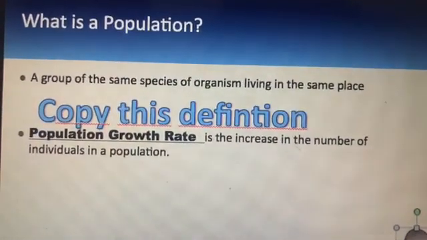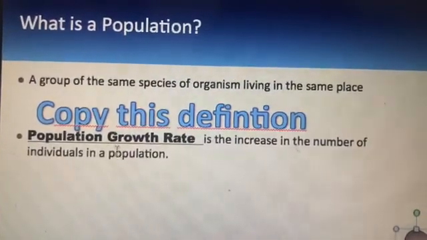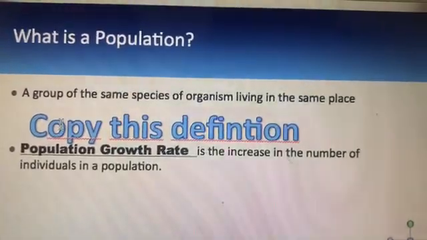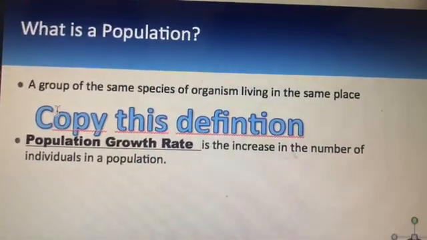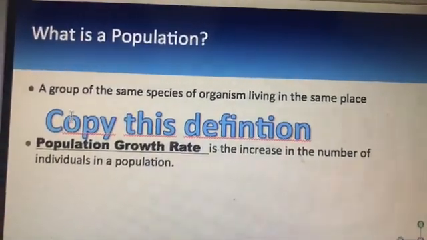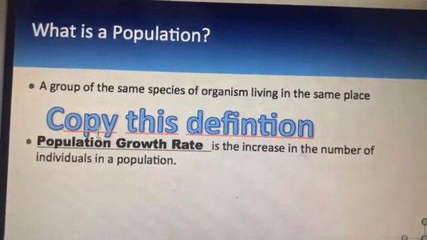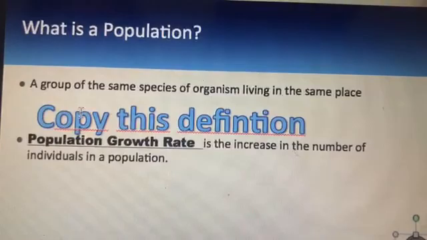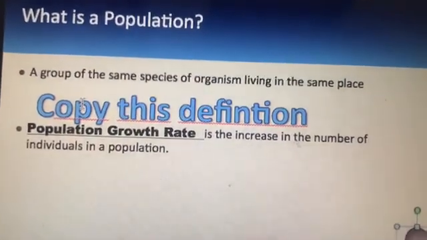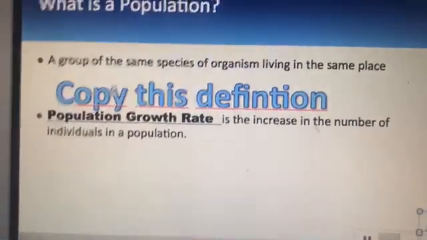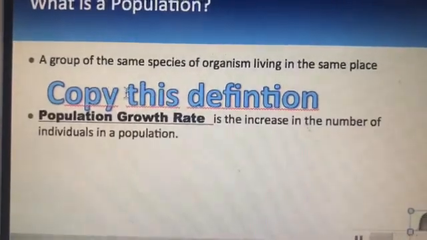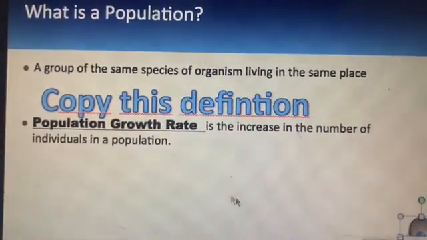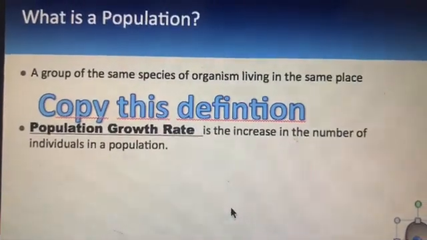Population is a group of the same species living in the same place. But we're not going to use this definition. What I need you to write down in your notebook right now is this, the population growth rate. This definition is important for you because every time we talk about population growth rate, we're going to use this term talking about how many people live in the same place.